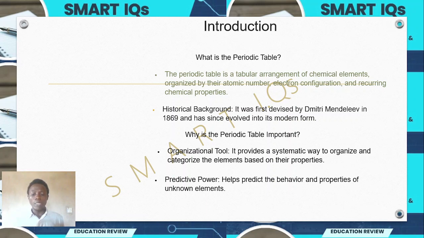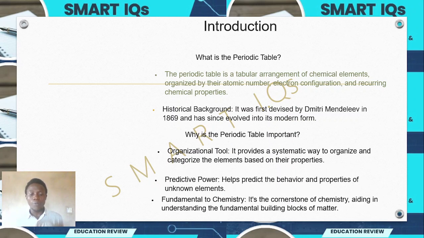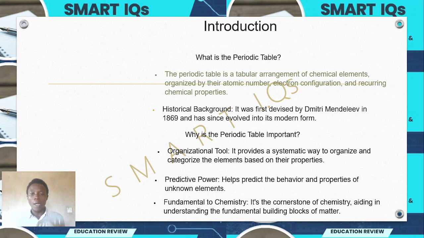Good. Then we talk about it as a fundamental basis for our understanding of the founding blocks, the building blocks of matter. Are we together? Good. Like I stated earlier, I was talking about elements.